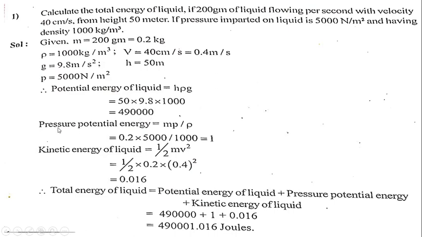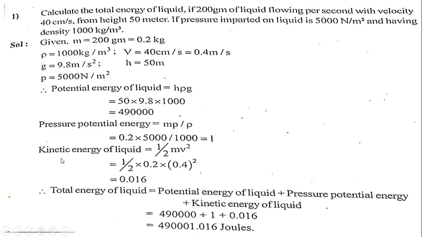Also we have to calculate pressure potential energy, equal to m into P upon rho. So m equal to 0.2 into P is 5000 upon rho is 1000. After simplification, pressure potential energy m P upon rho equal to 1.